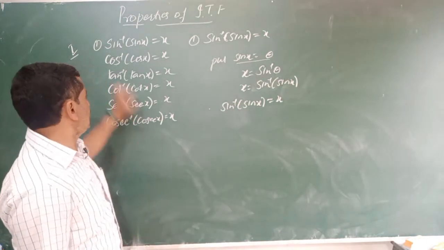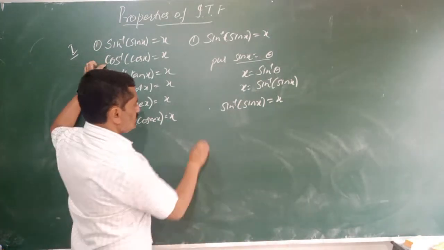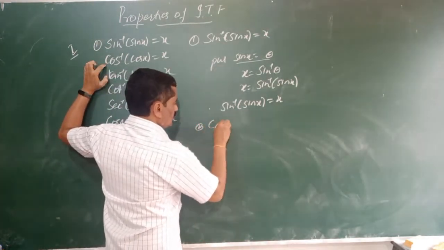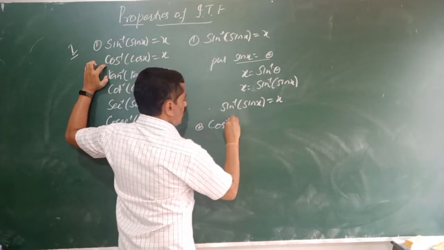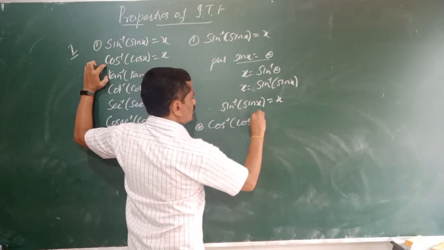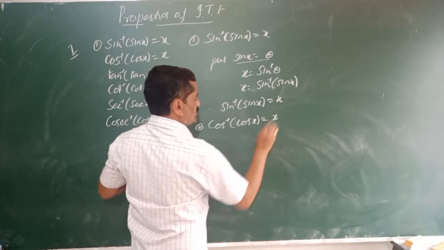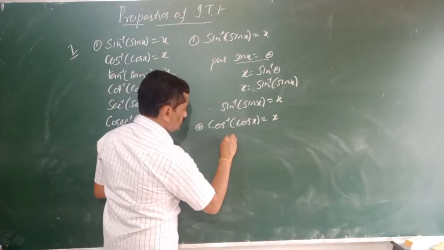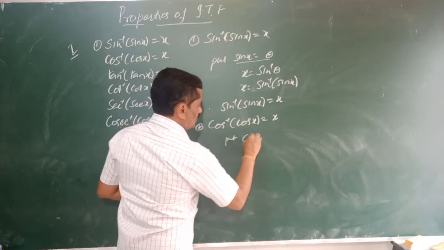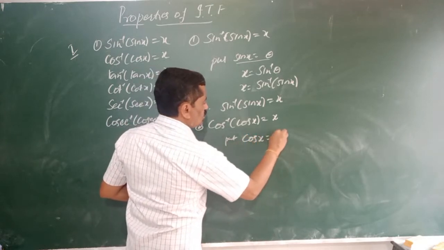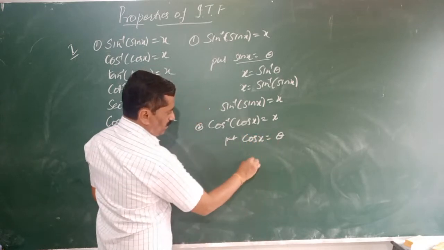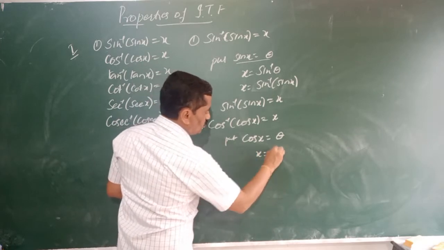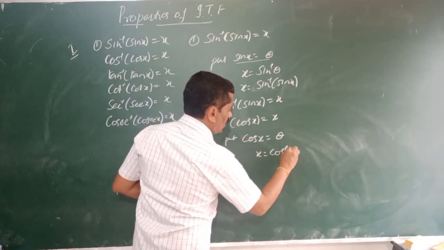Again, we have the second one, that is cos inverse of cos x is equal to x. Same method, put cos x is equal to theta. Therefore, what is x? x is equal to cos inverse of theta.